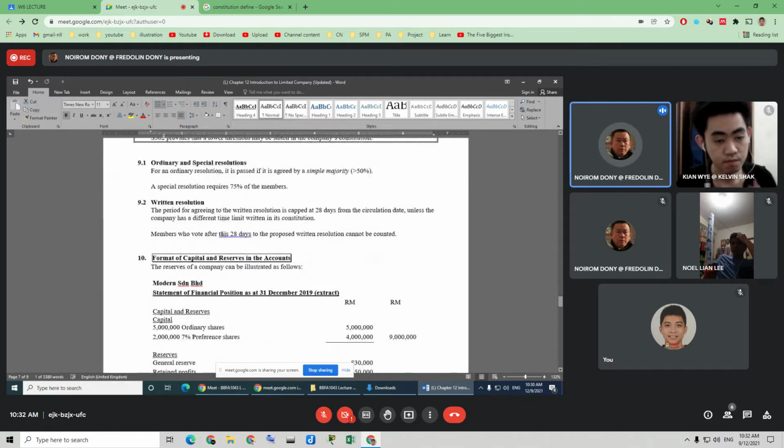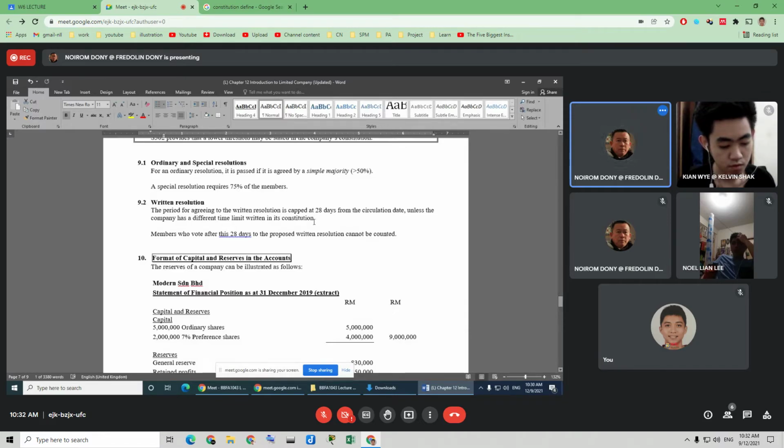Now, written resolution. The period for agreeing to a written resolution is capped at 28 days from the circulation date, unless the company has a different time limit written in its constitution. This is stated in the Companies Act.